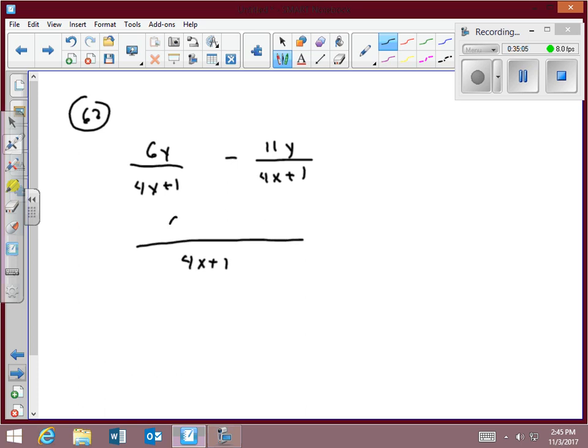Then you take the numerator, 6y, bring the sign that's between the two rational polynomials down, minus 11y. You simplify that. That's what? Minus 5y in the numerator over 4, is that a y or x? That's a y. 4y plus 1. And that's your answer.